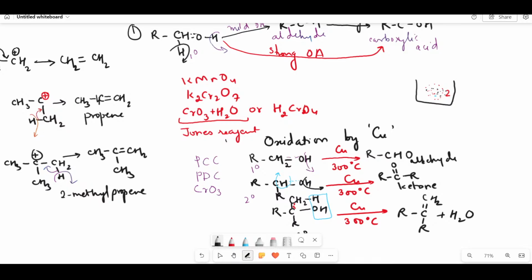So if it is same, we get exact product, RCH2 R double bond O. Now we have got this along with some byproduct.